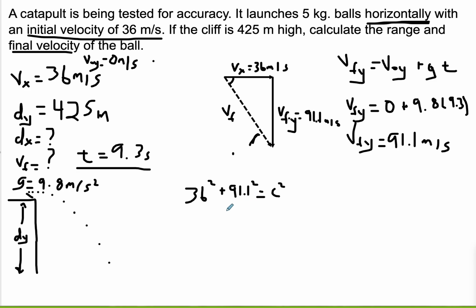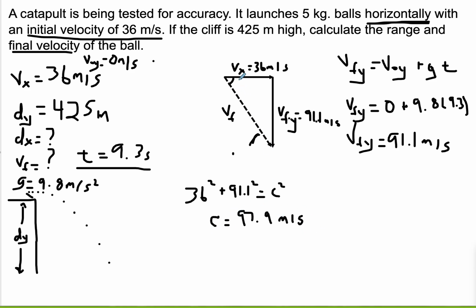If you punch that in your calculator and take the square root, can someone do that for me? 97.9. Thank you. So the actual speed is 97.9 meters per second. My radar gun, that's what it'll read.